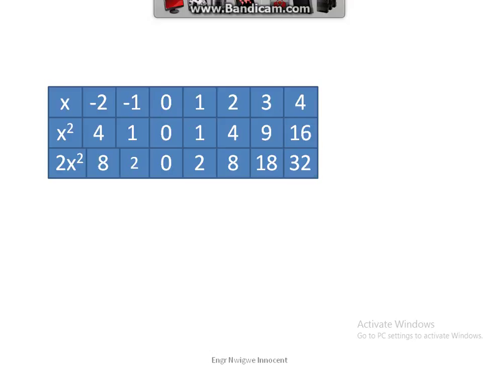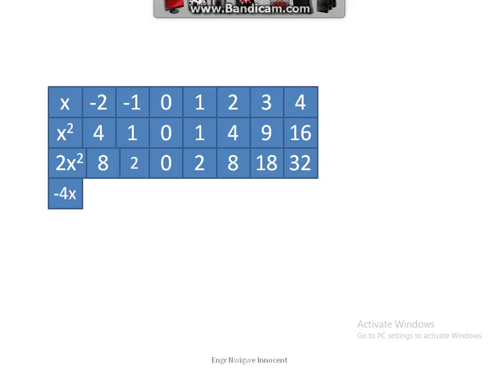Then we find our minus 4x. Our minus 4x, we have minus 4 times minus 2, because x is not squared. We go straight to x, which is minus 2.